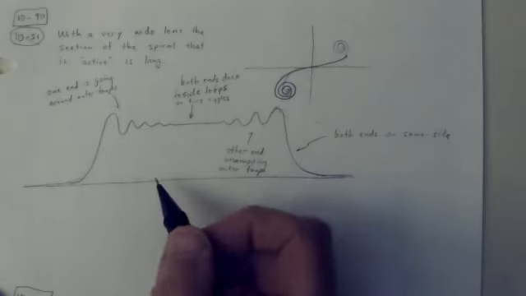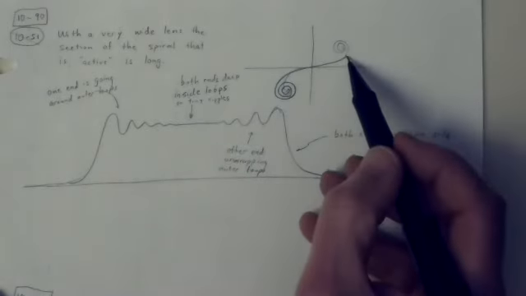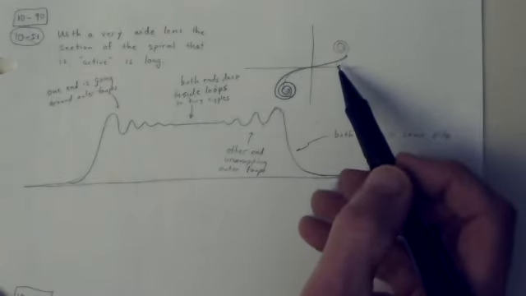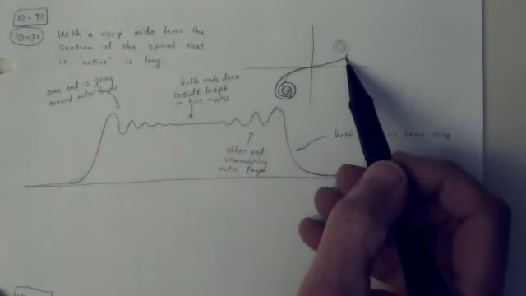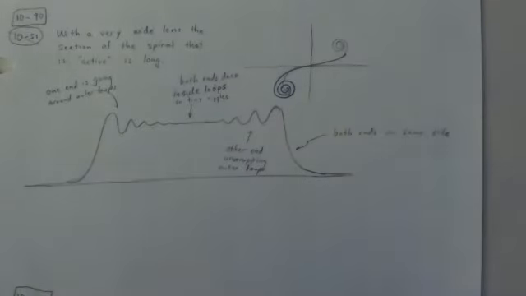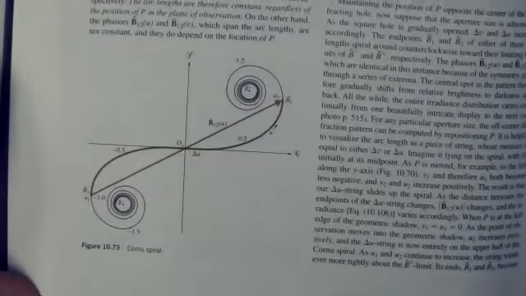So if this is a really wide slit, you have to imagine that then W or delta W is large. Trying to find where I've got this Cornu spiral. Here's the spiral. I want to show you this one here.